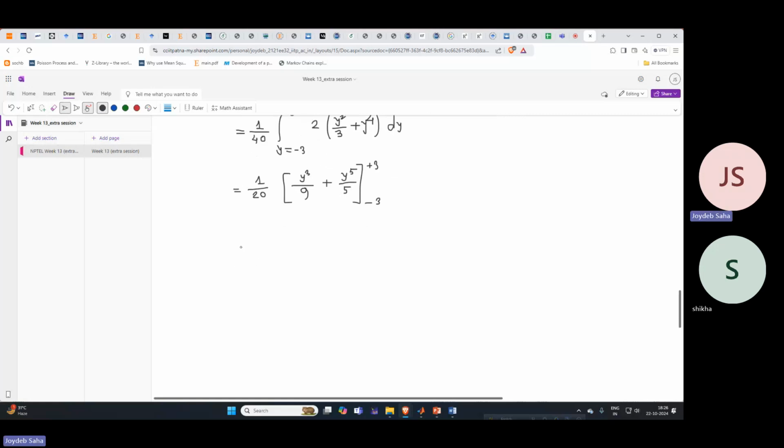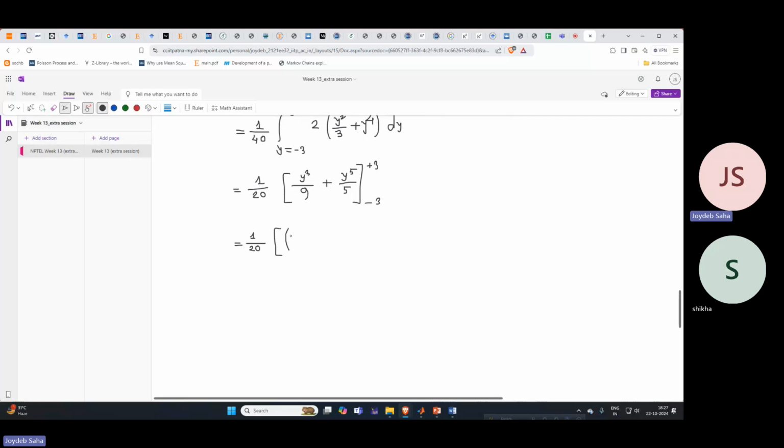so let us see what is the value. This is 1 upon 20. If we put 3, then what will we get? 27 upon 9, right?